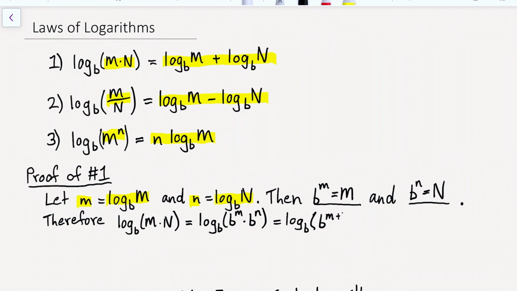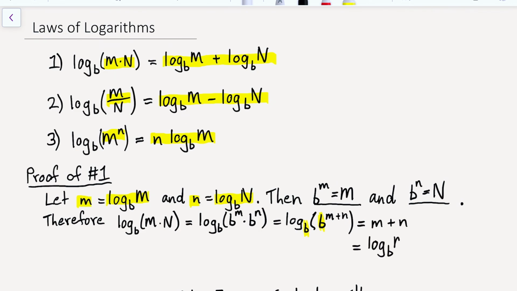We know that b to the m times b to the n should equal b to the m plus n. And then, using an inverse property of exponents that we saw in an earlier video, this is simply equal to m plus n. Log b of b to the power of something equals that something.